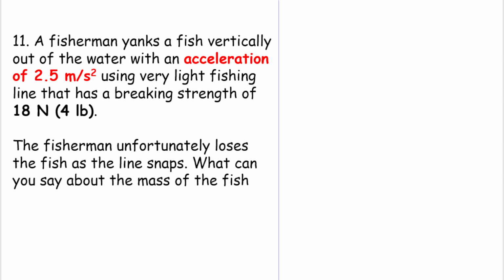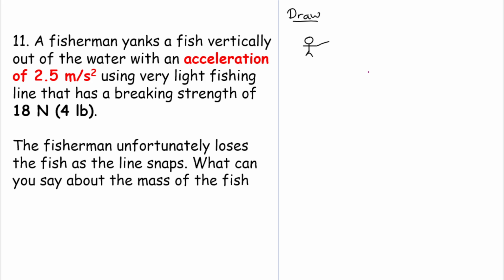Okay. Because this is a physics problem, we need to draw something, right? So we need to draw the situation. So this is a fisherman here, and he has a fishing line.